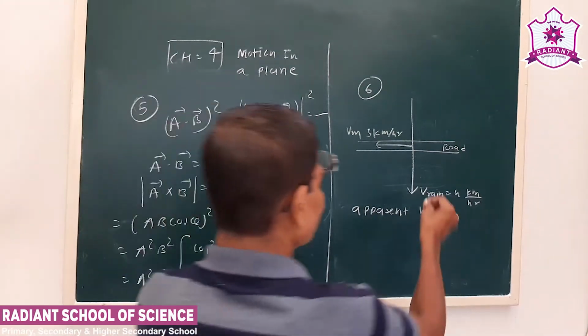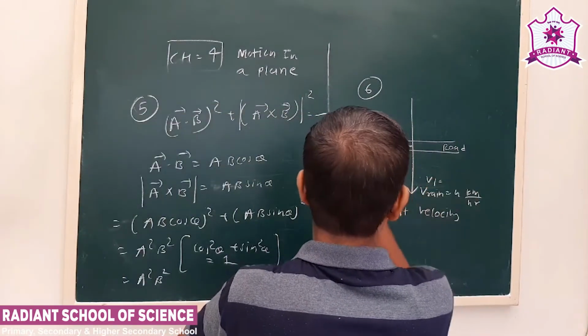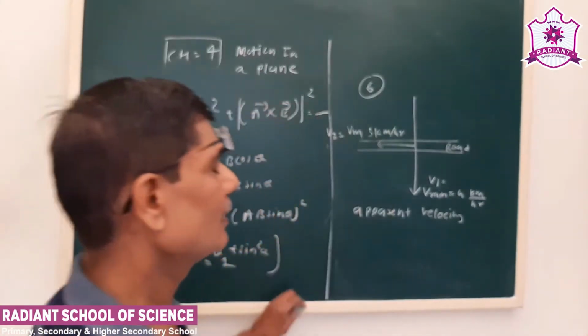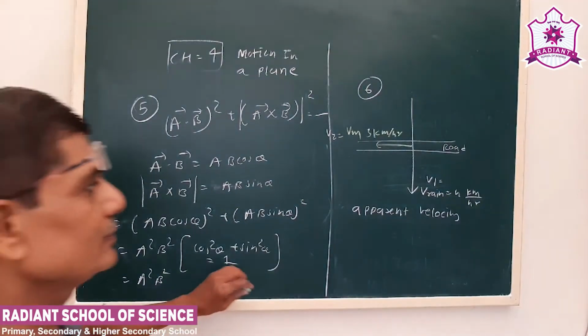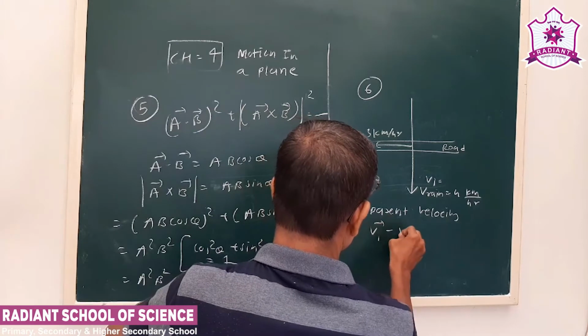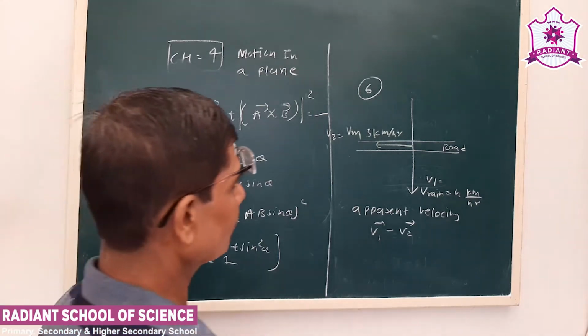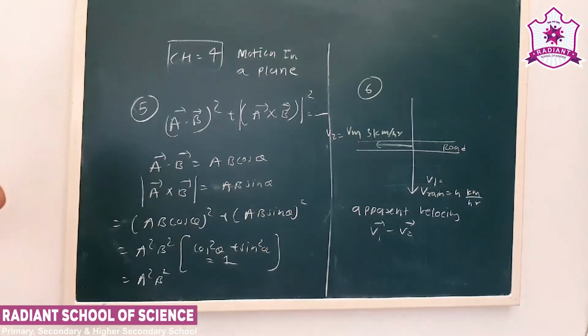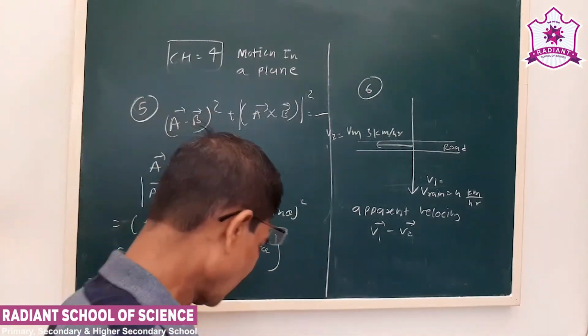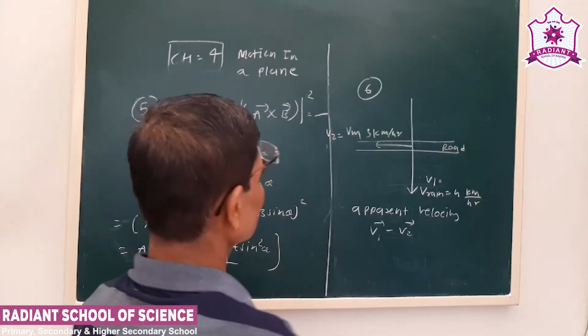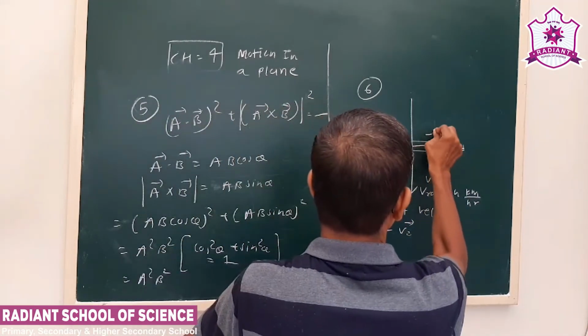Let us say this is V1 and this is V2. When I talk of relative velocity, I want to obtain V1 minus V2. Now this is V2 given, I want minus V2, so the opposite direction will be minus V2.